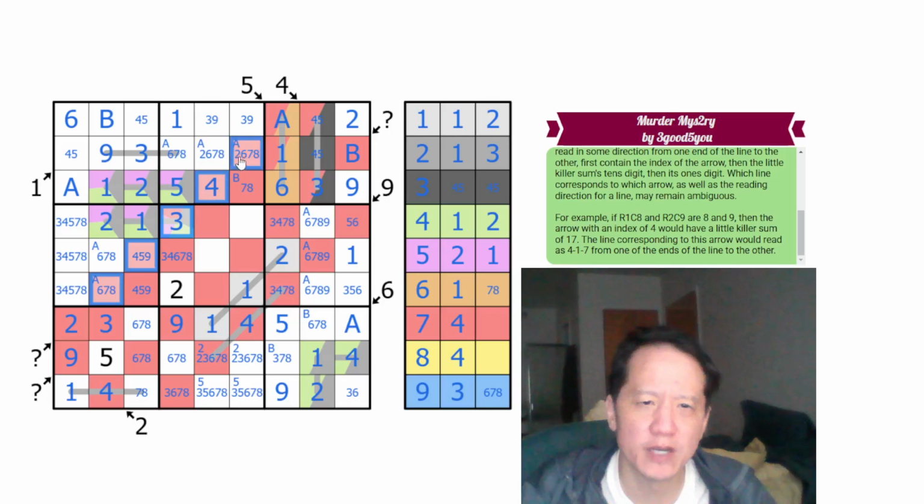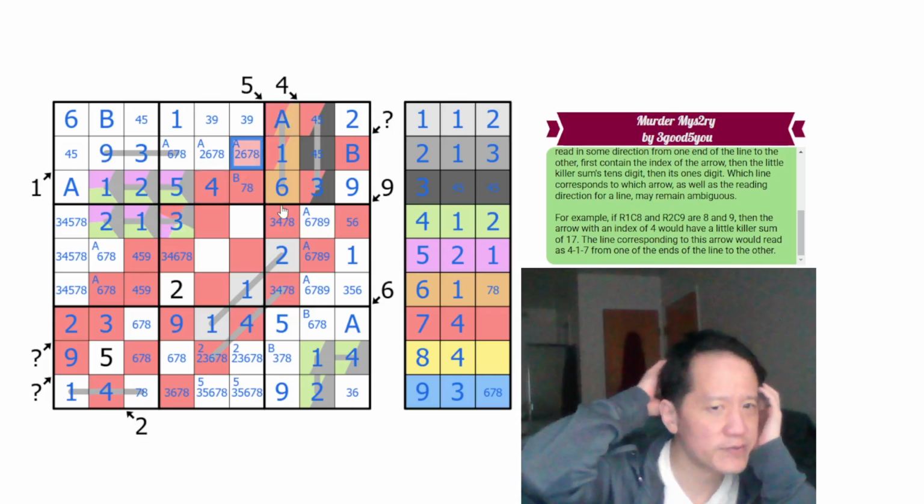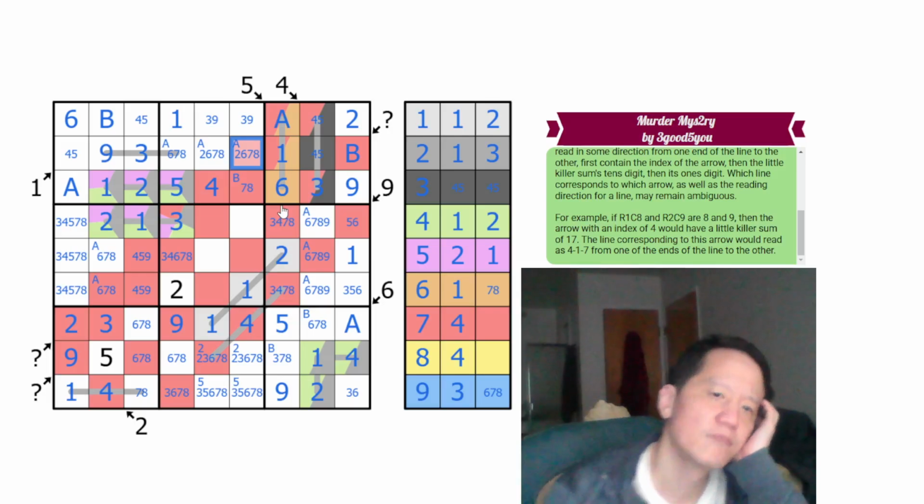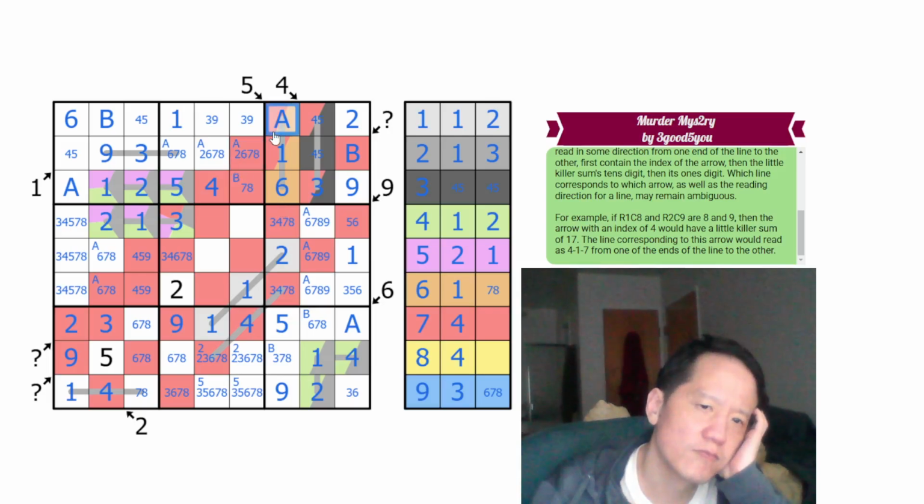Then what would this be at most? This could be still 8, 8. So 8, 8, 4, which would be 20, plus 3. So 23. Still could be 7, though. So then this would have to be 9 and 8.